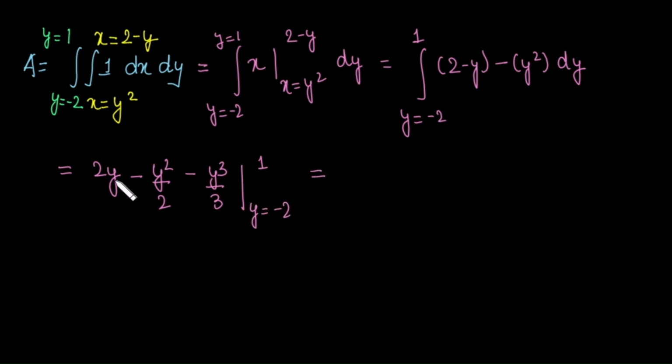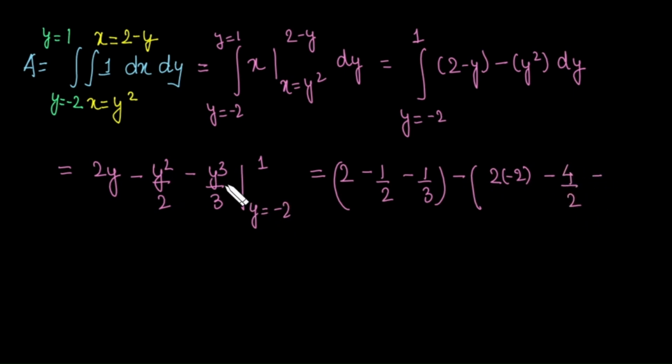This is equal to, substitute upper limit, that is 2 minus 1 by 2 minus 1 by 3, minus lower limit y is equal to minus 2. So 2 times of minus 2 minus minus 2 square is 4 by 2 minus minus 2 cube is minus 8 by 3.